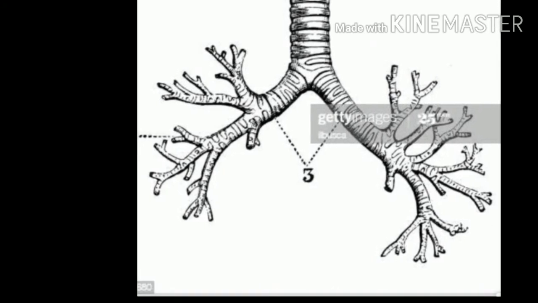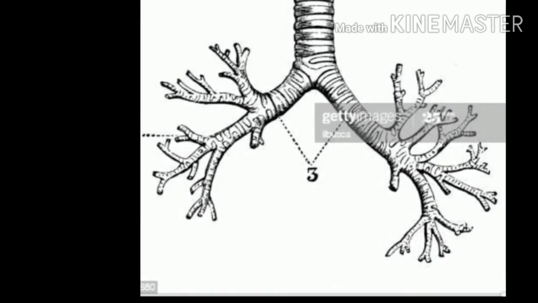Now we'll see what is at the end of the bronchiole. So this is the trachea. Now the trachea divides into two parts, which are called bronchi. Then each bronchus redivides and becomes bronchioles.